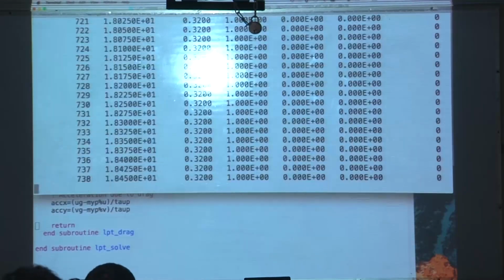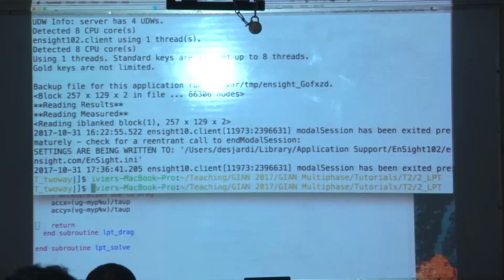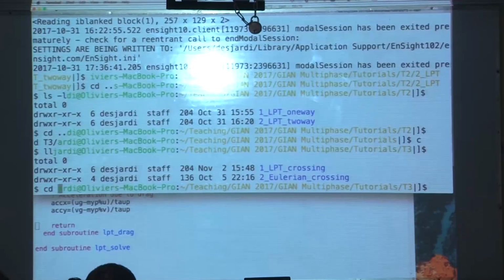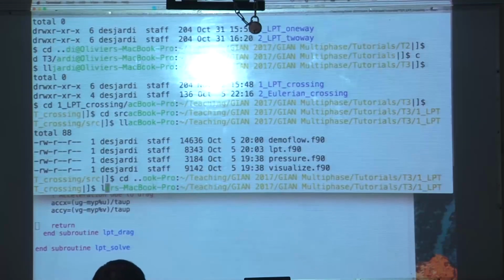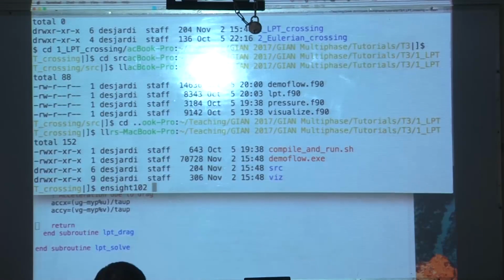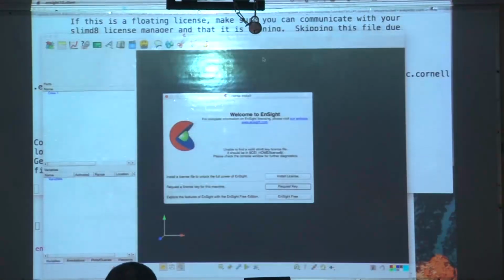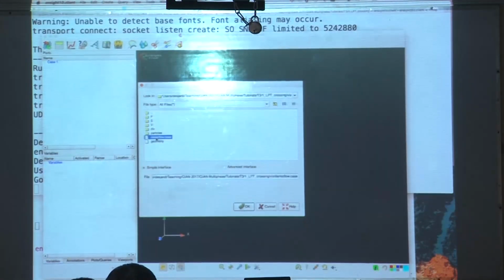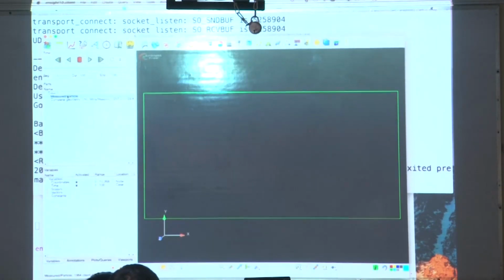It should run very fast. So those are the particles.